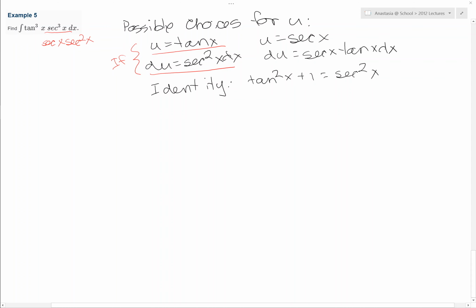But then we have two odd powers of both tangent and secant, so we can't substitute in here using the Pythagorean identity. So what that means is u equaling tangent x won't work.